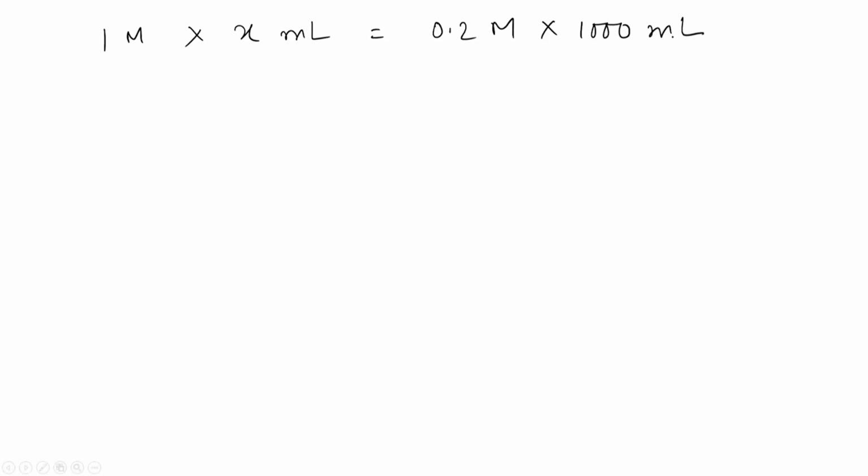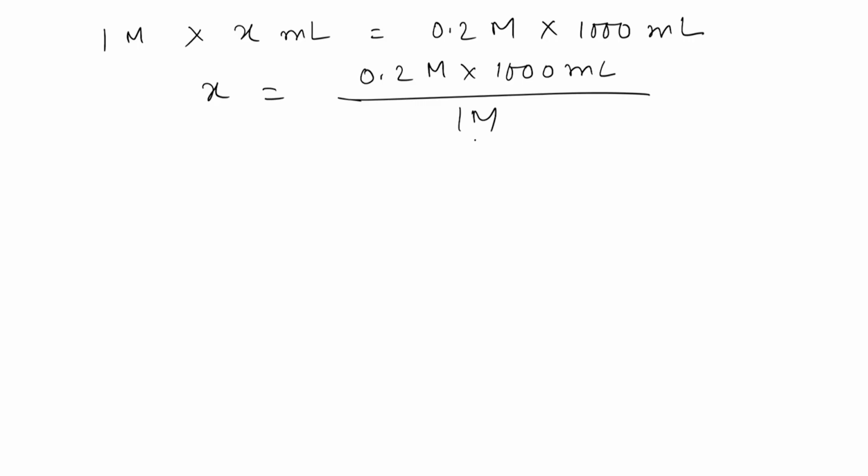So x will be equal to 0.2 molar into 1000 ml divided by 1 molar, which is 0.2 into 1000, that is 200 ml.